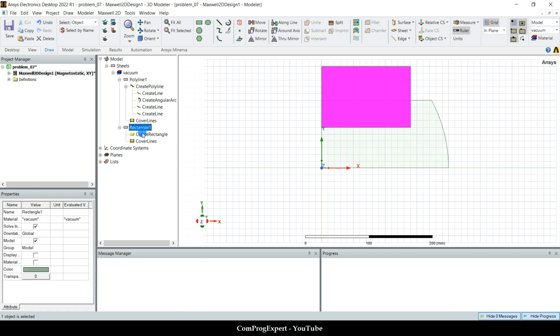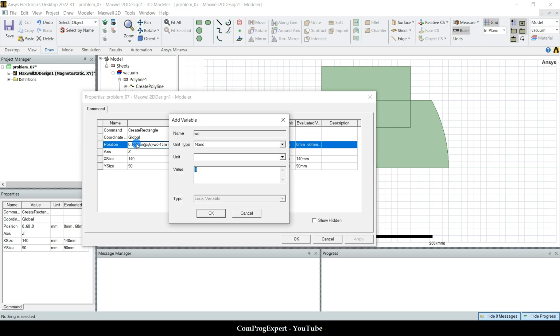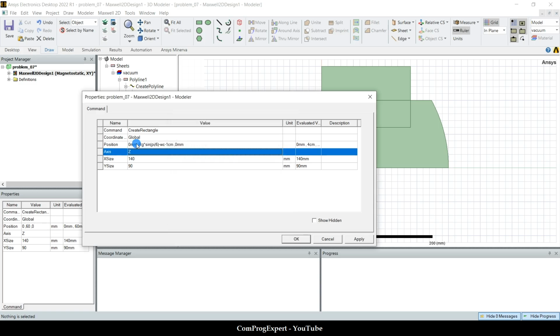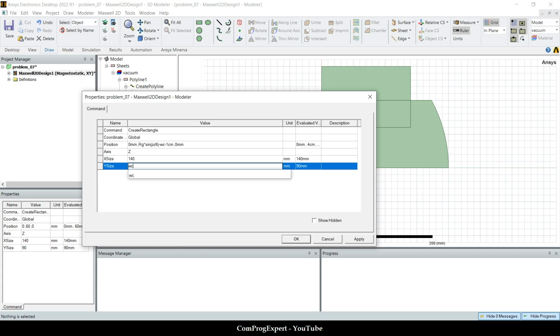So this rectangle, the y position is equal to this one minus width of the coil minus 1 centimeter. Width of the coil, consider it equal to 5 centimeter. So we need to specify the x size and the y size. The y size is the width of the coil.